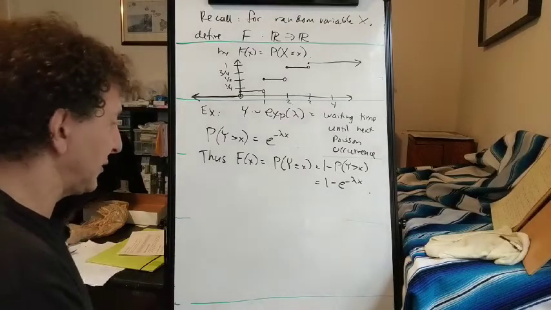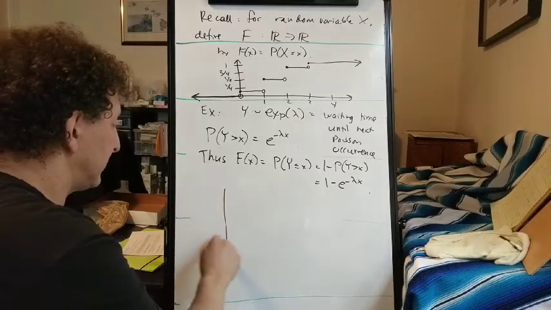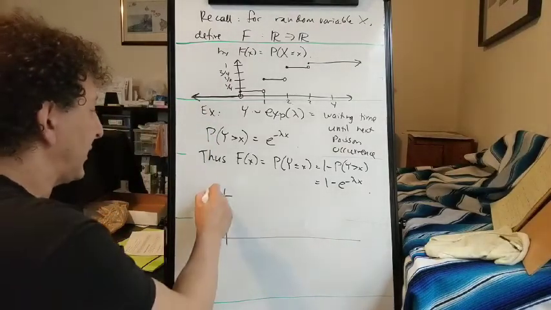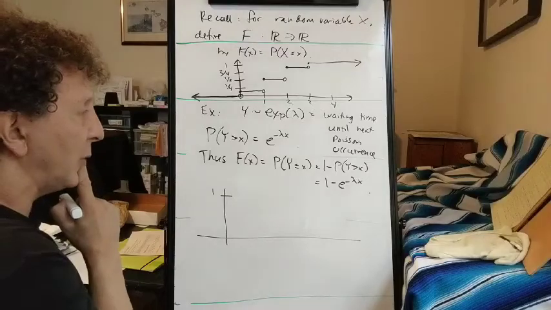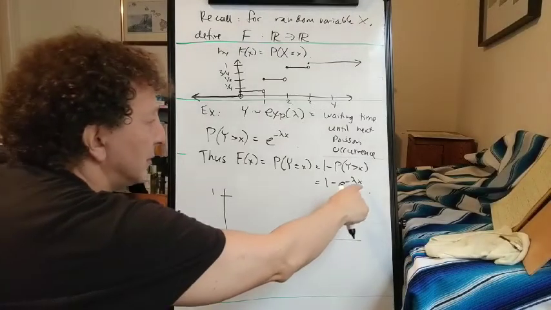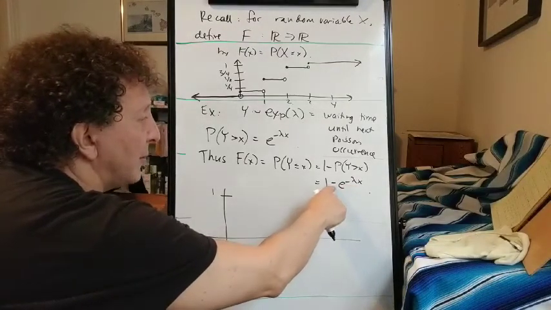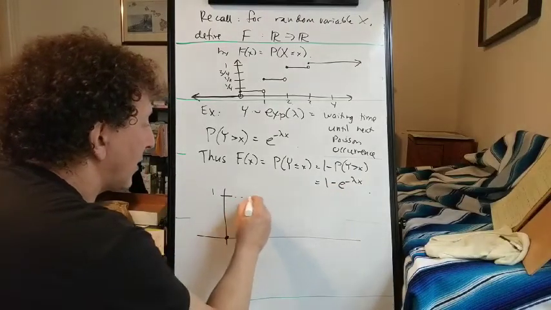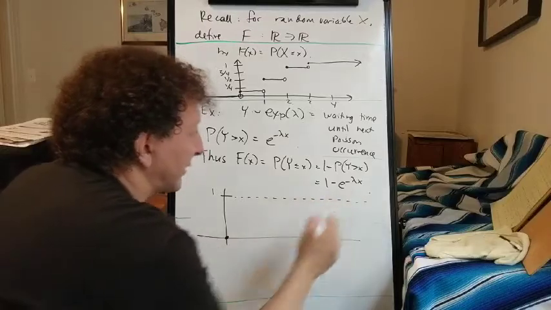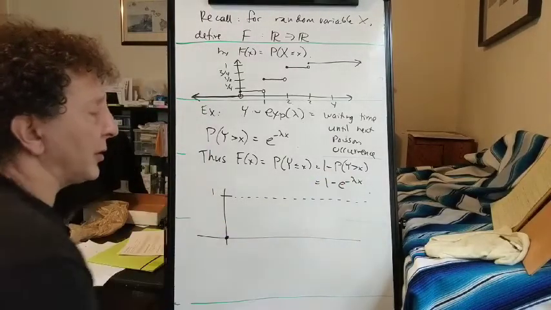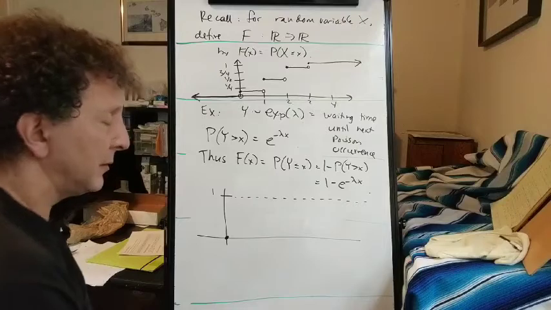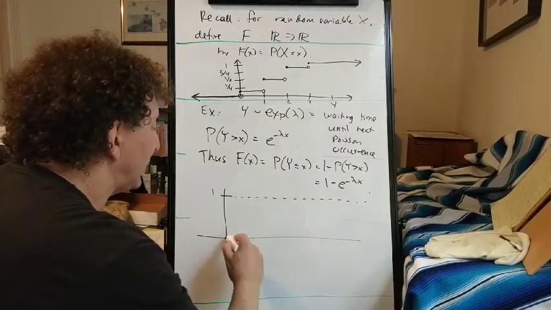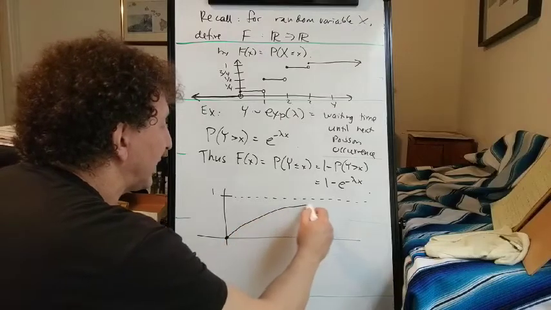This is a continuous function of little x, and looks something like this. So when x equals 0, this is 1 minus 1, so it's 0. And then as x gets very large, the exponential part goes to 0 because of the negative in the exponent. So 1 minus something getting closer and closer to 0 has a graph that looks like this.